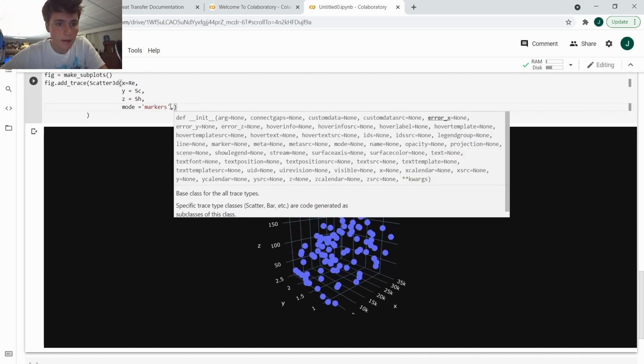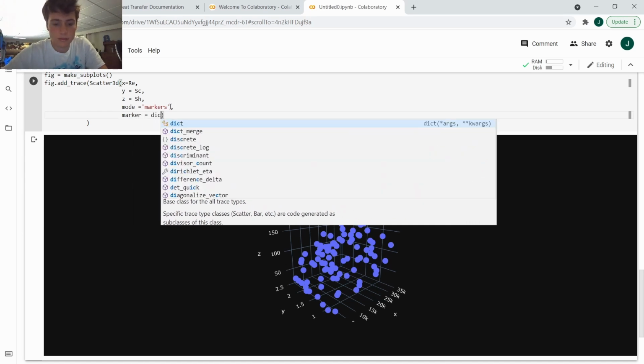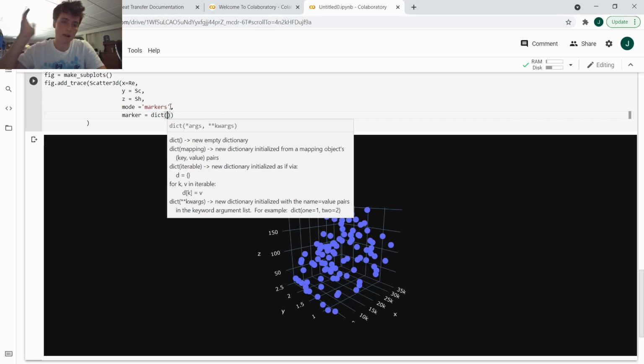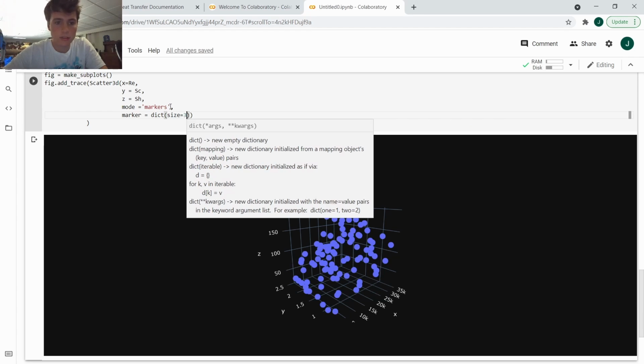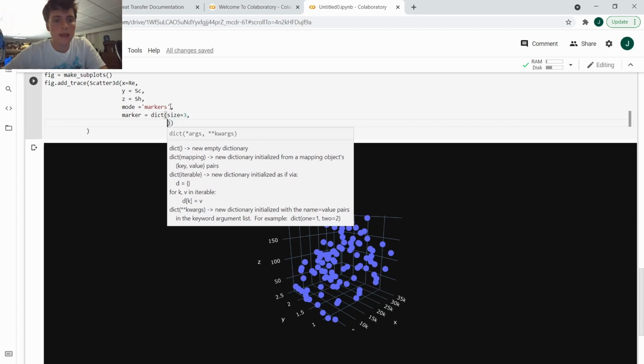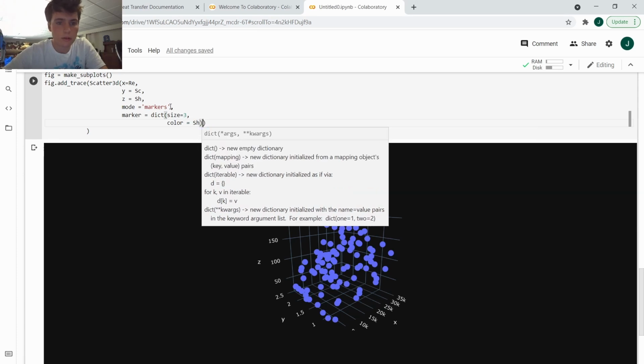So we can do that by marker equals dictionary of the properties of the markers. So we can say size, we'll just set that to 3, and then color equals Sherwood.